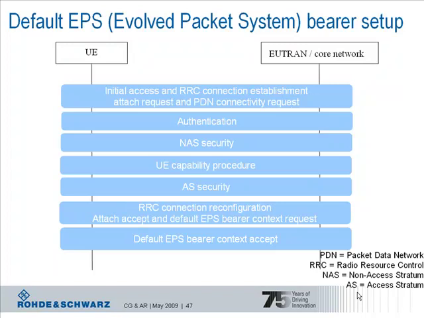As shown, tasks like the initial access procedure have to be passed first, further RRC connection establishment, attach request and PDN connectivity request, authentication and non-access stratum security procedure, checking the UE capabilities, access stratum security, RRC connection reconfiguration, attach accept and default EPS bearer context request, and as a last step the default EPS bearer context accept.